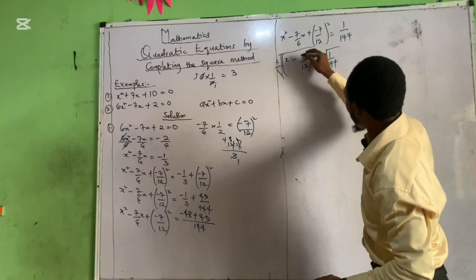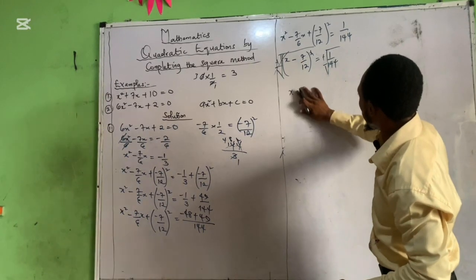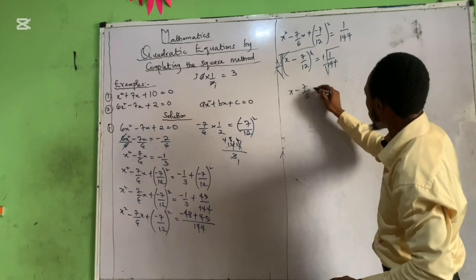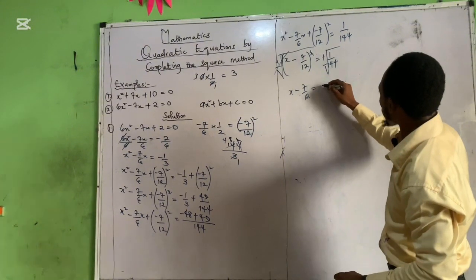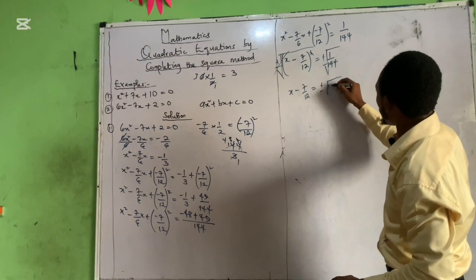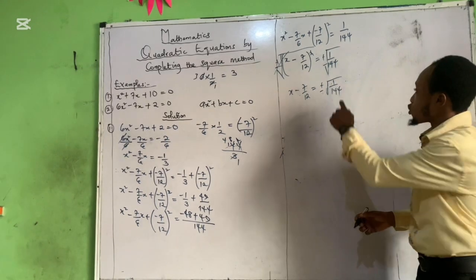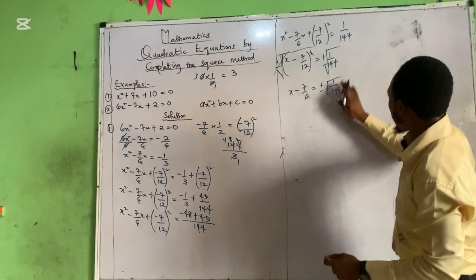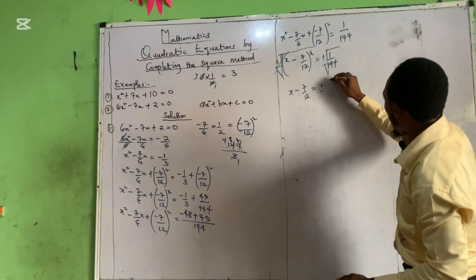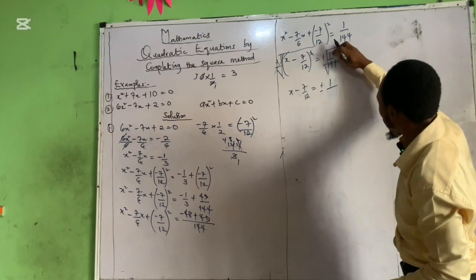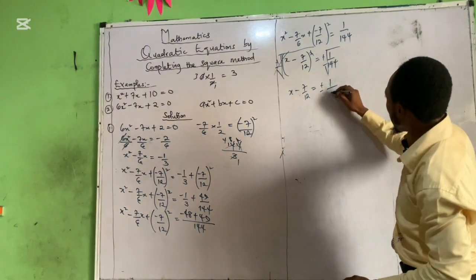We have this one, cancel this one. So we have x minus 7 over 12 equals plus or minus the square root of 1 over 144. Now the next thing to do is to take away the square root. That will be 1 over the square root of 144. You know, the square root of 1 is 1. The square root of 144 is 12.